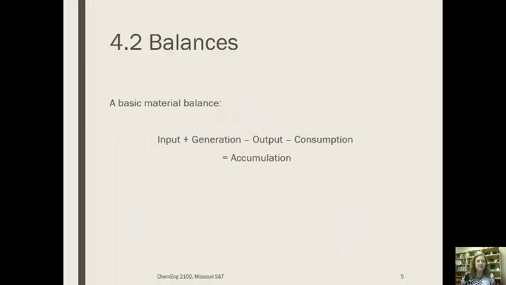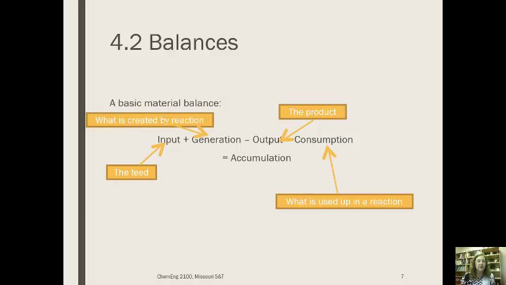A material balance basically says, this is the generic way we write a balance. Input plus generation minus output minus consumption is what accumulates. So the feed is the input, the product is the output. The generation and consumption are going to be the pieces that deal with reactions.